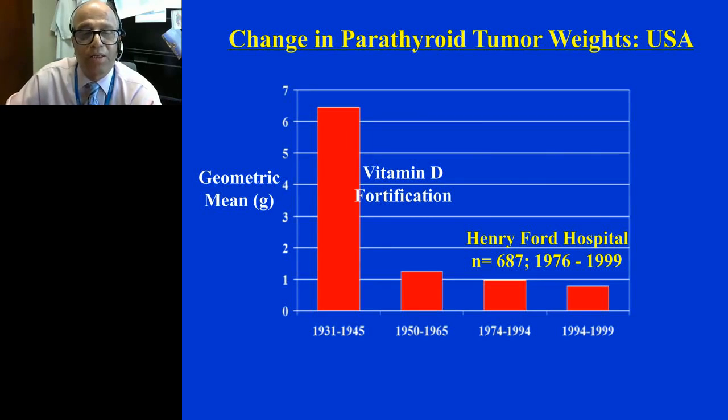In addition to that, the growth of the parathyroid adenoma has also declined. For example, in the 1940s, the average size of the gland was about 6.5 grams, whereas in the most recent series from the Henry Ford system it is about 500 to 700 milligrams, which is much lower than it was. A precipitous drop in the adenoma size occurred in the 1940s when vitamin D was added to the milk.